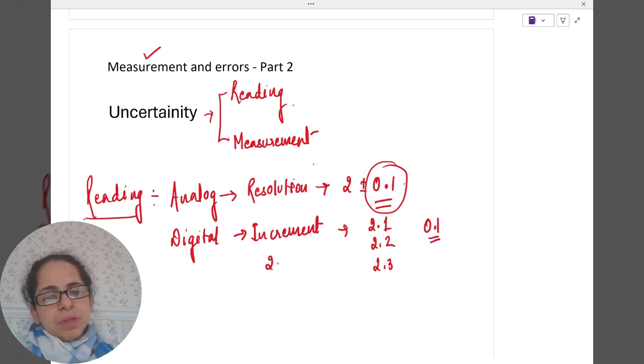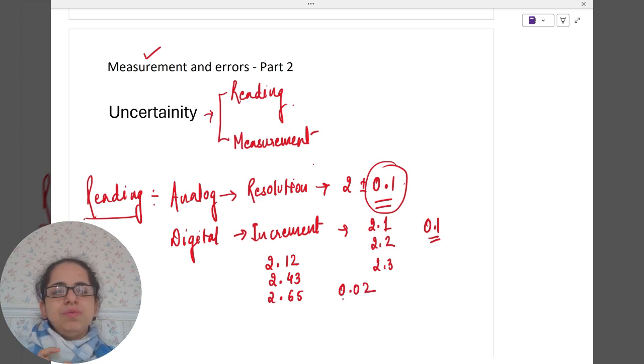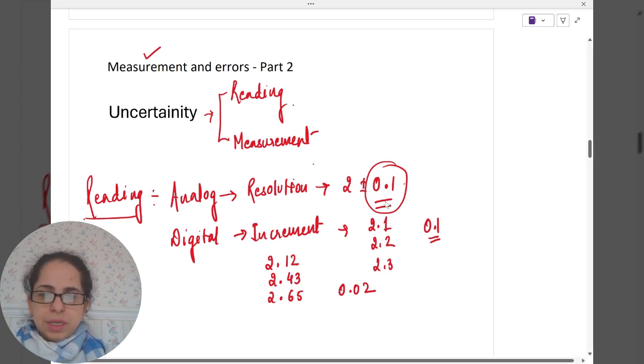If, for example, your voltmeter is giving you 2.12, 2.43, 2.65, so my uncertainty in this case is 0.02. So the increment that your voltmeter or the digital instrument is giving you, that is the uncertainty.